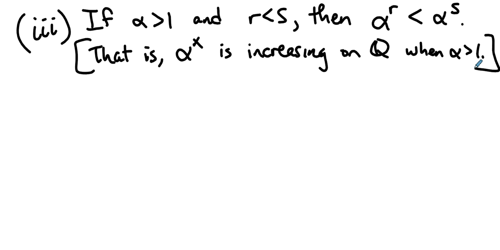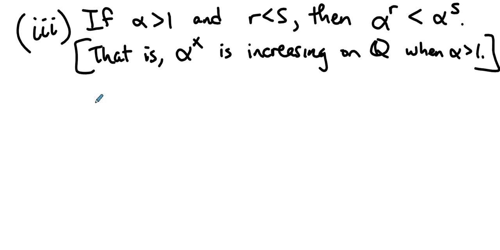And that is a key result. Alpha to the x, the exponential function, is increasing for the rationals. So how do we establish that?